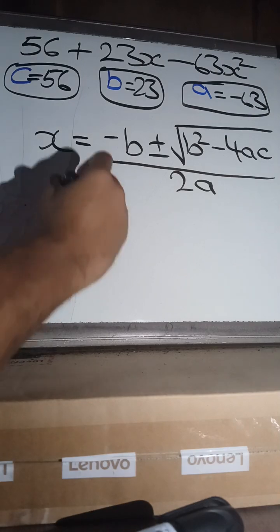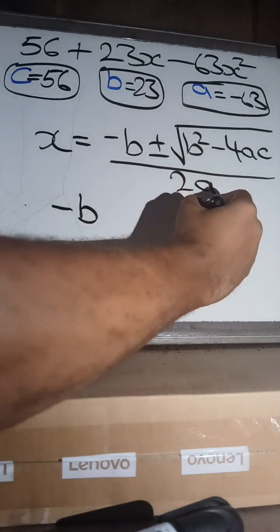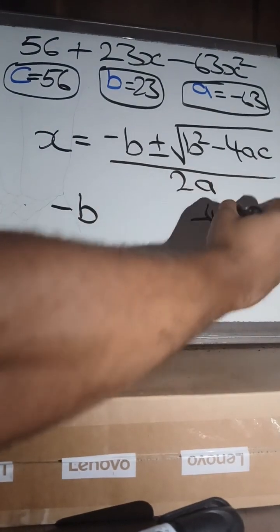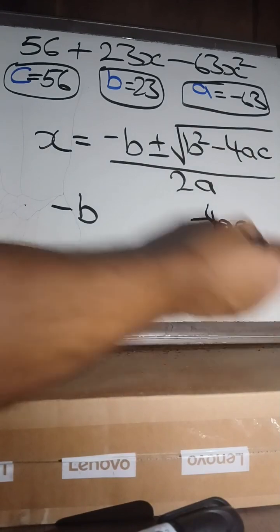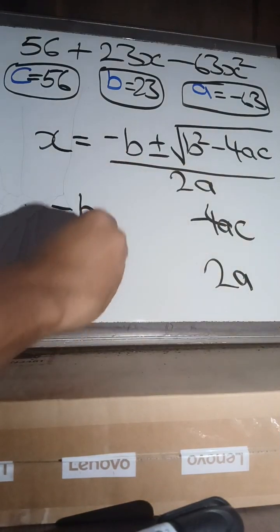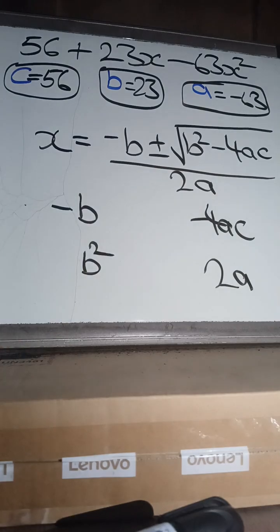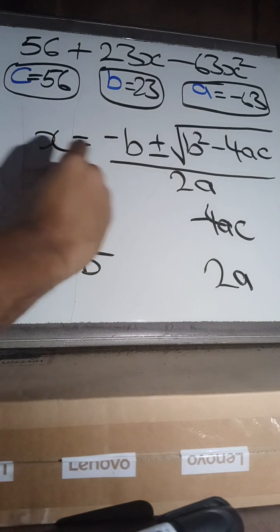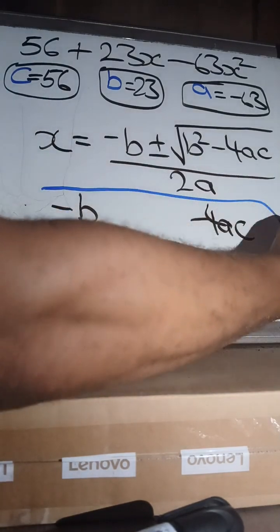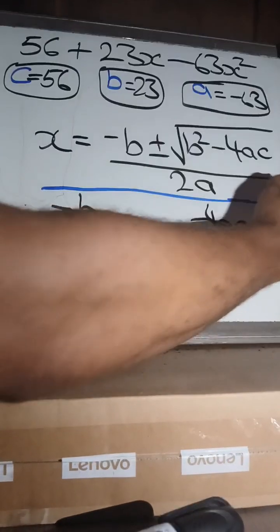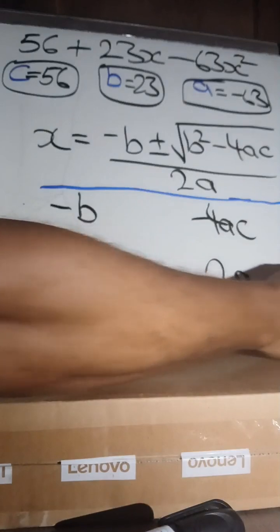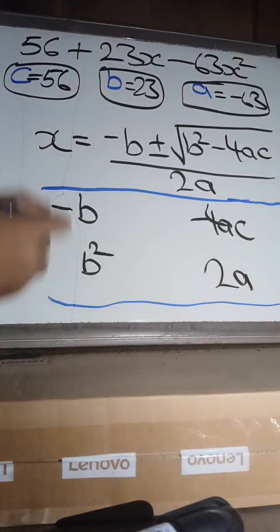So we have minus b, minus 4ac, 2a, and of course we have b squared, right? So let us see what becomes of all of this. Oops, now I'm a little bit further because it might be a bigger number.